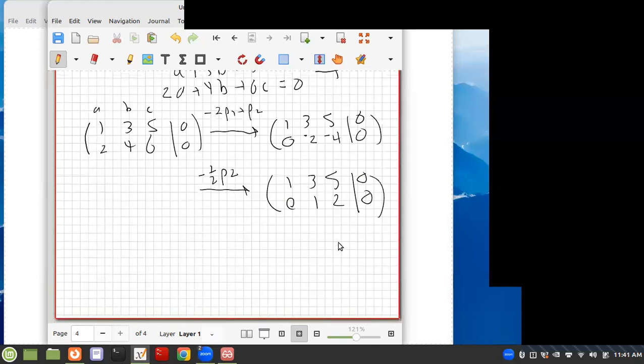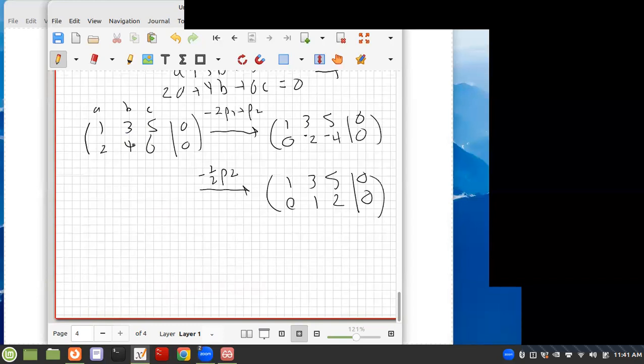Now here's the key idea, and the proof is based on the idea that row operations just form linear combinations of the rows. So this row operation is going to produce this matrix by adding combinations of rows to other rows.